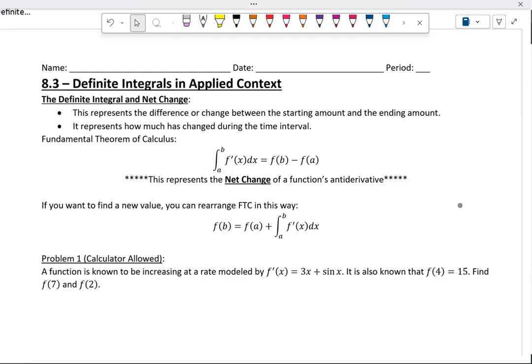So you might be asked, interpret this integral in the context of the problem. We have seen that back in Unit 6, and we've seen it again here, where we can interpret by saying that integral represents that net change, or how much has changed, or how much has accumulated, there's that word as well, over that time interval.